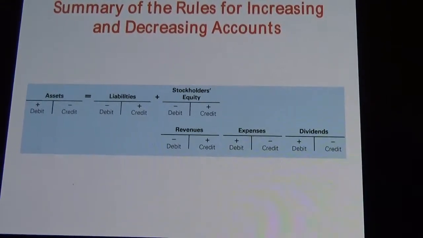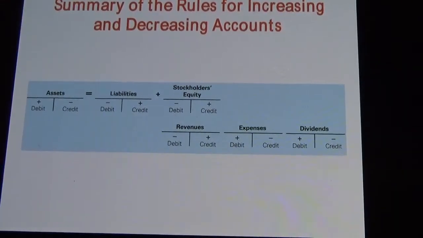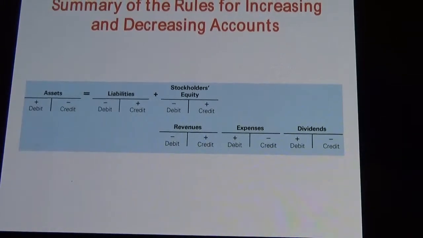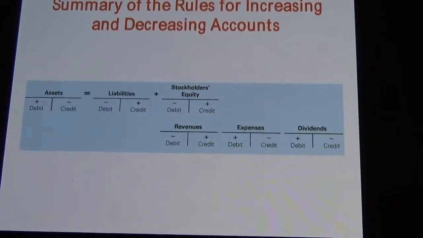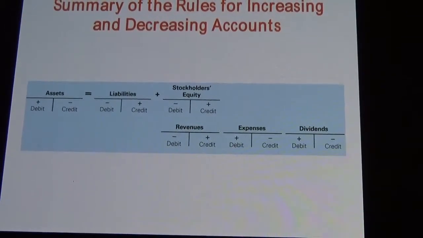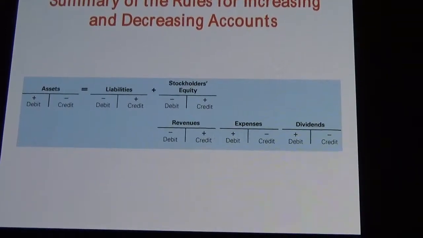We see that assets increase with debits, liabilities increase with credits, and stockholders' equity increases with credits. To tell the revenues, expenses, and dividends, we have to think about how they affect stockholders' equity and record whether they're debit or credit accordingly.